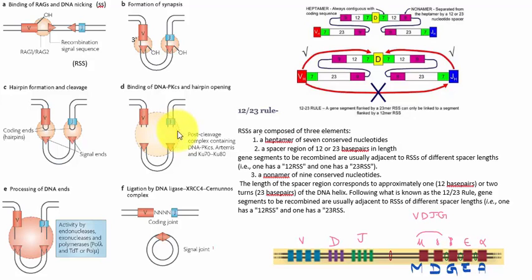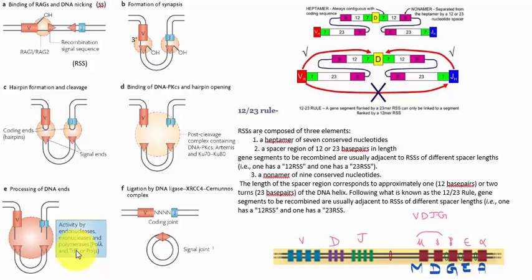So in this case the hairpin is opened and cleaved, and in the next step, called the processing of DNA ends, after cleavage of the hairpins at the ends of the gene segments, an additional enzyme called TdT, terminal deoxynucleotidyl transferase, is recruited and adds additional nucleotides at the ends of the DNA strands.